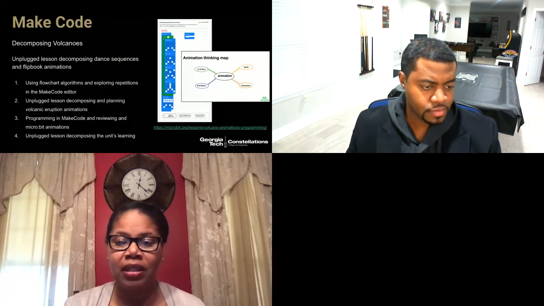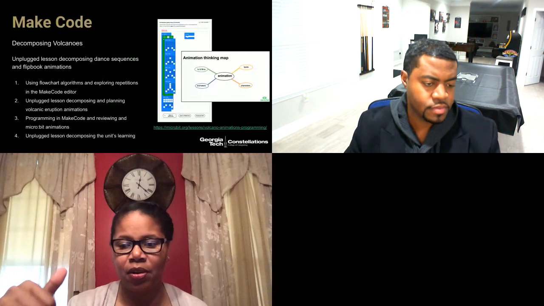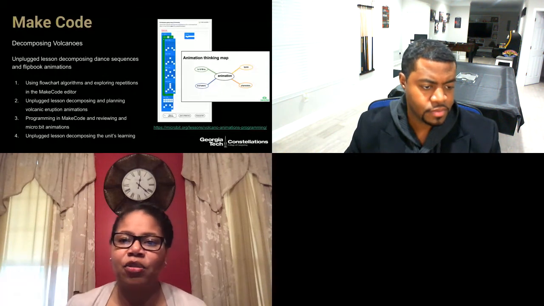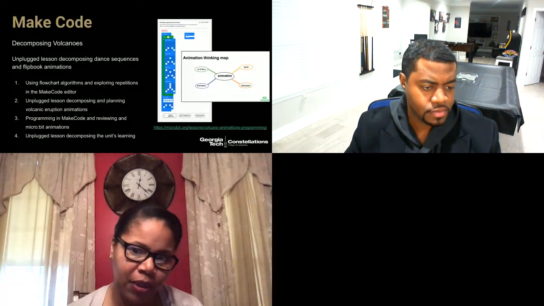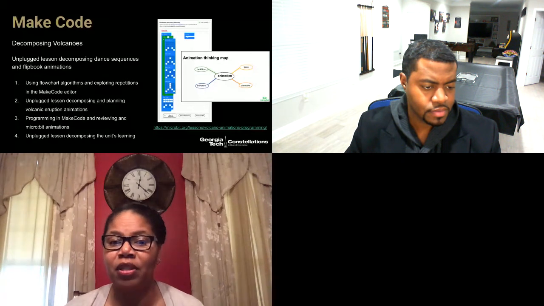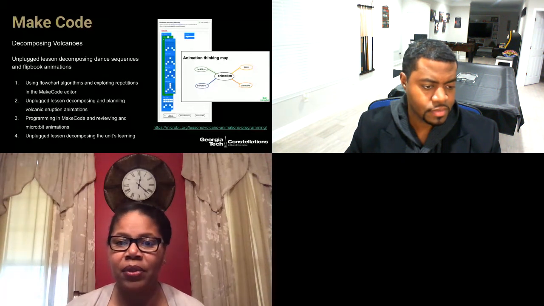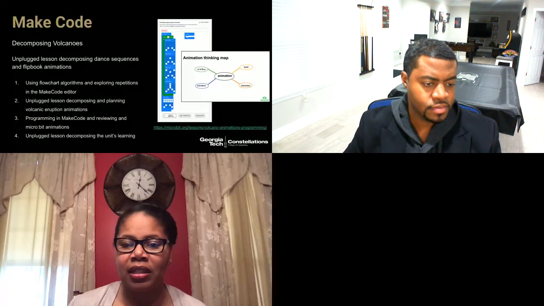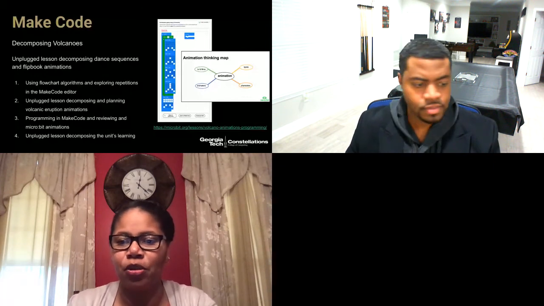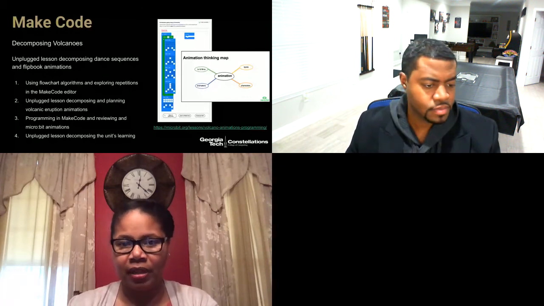And so students can accomplish their goals in coding in a variety of ways. This is really good for upper elementary and middle school because you're going to have students that come to you at different levels. So Terry's going to stop sharing his screen, and then I'm going to show you an example of computational thinking using MakeCode.